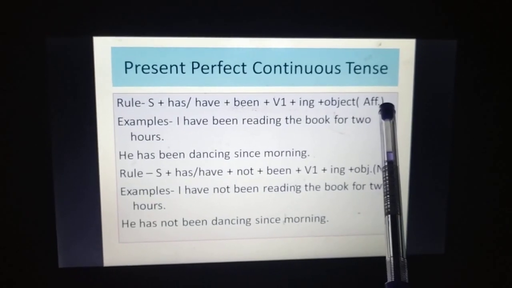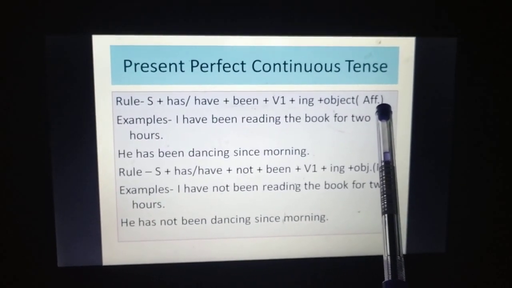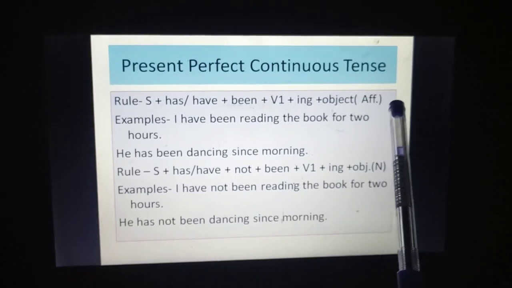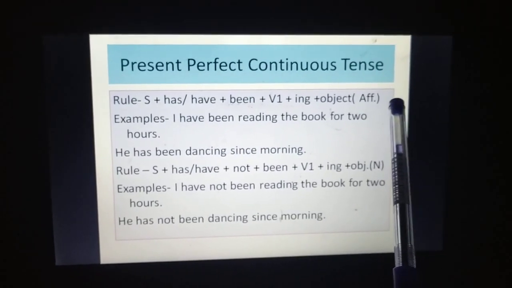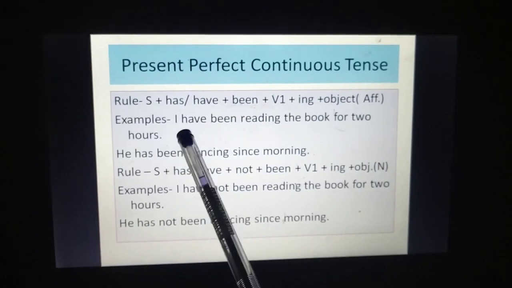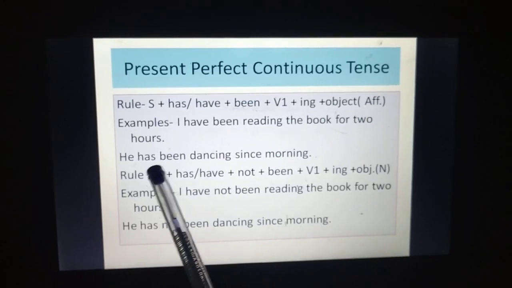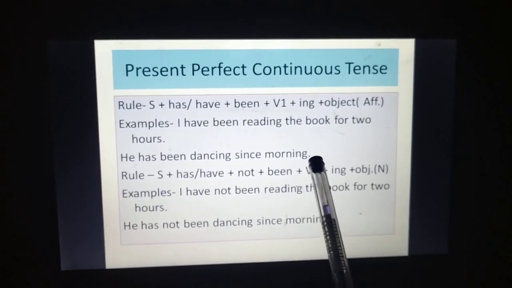It is for affirmative sentences. Sometimes we use since or for with these, when any time is given, when a time period is given. Examples: I have been reading the book for 2 hours. He has been dancing since morning.